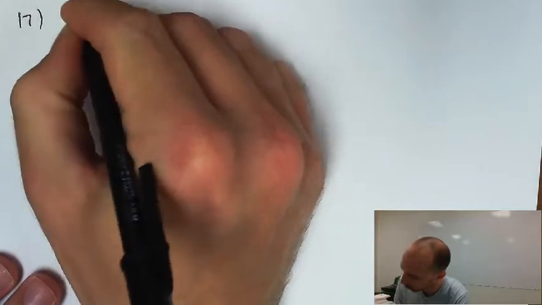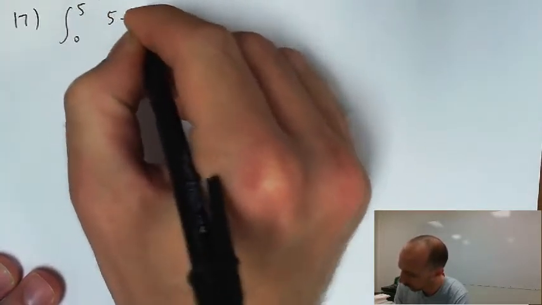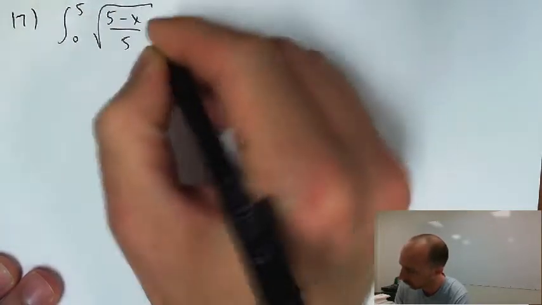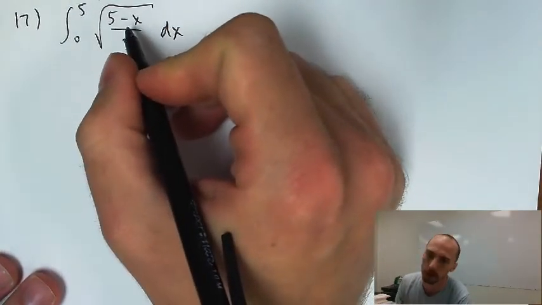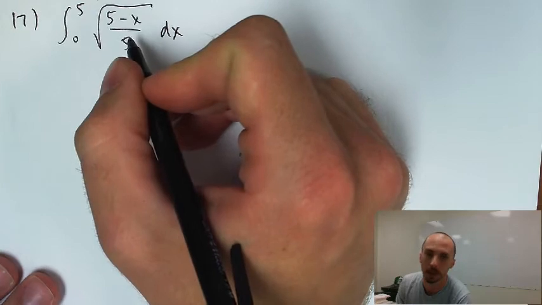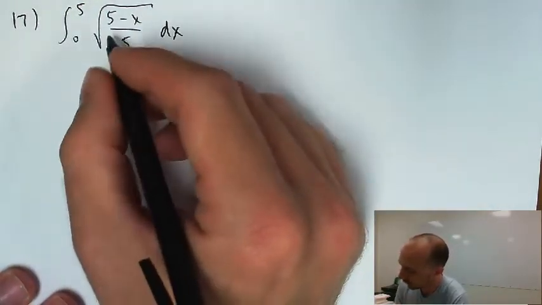Number 17. This is a pretty classic no calculator question. This is going to be the integral from 0 to 5 of the square root of (5 minus x) divided by 5 dx. Okay, we need to do algebra on this. There's no chance we're just going to be able to think of an antiderivative for this.